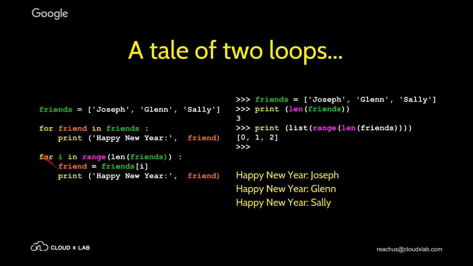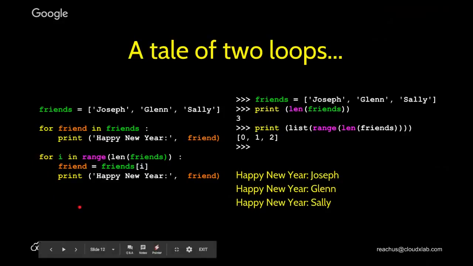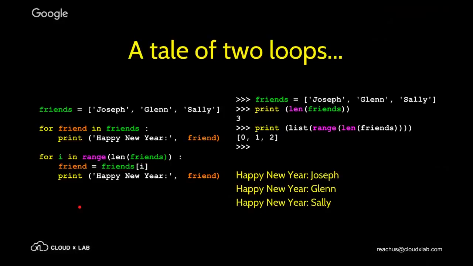Else we could have also used a while loop, saying while i is less than length of friends, friend equals friends[i], and then print the friend, and then i equals i plus 1. We could have also used an indefinite loop, but indefinite loops are a little dangerous because in case you forget changing the value of i, it would end up in an infinite loop.